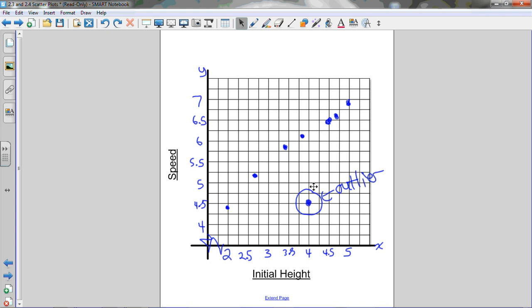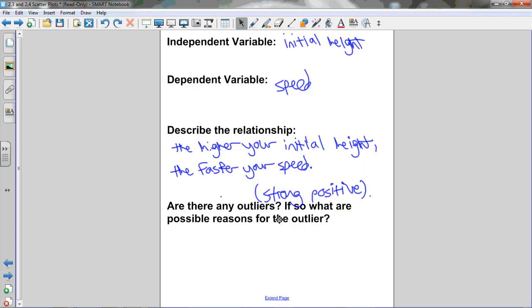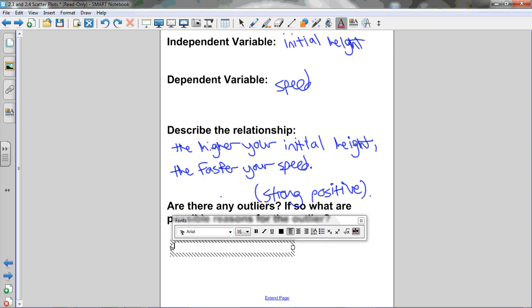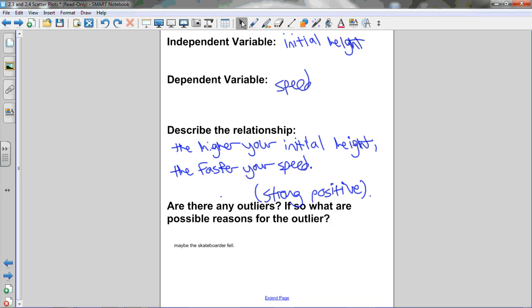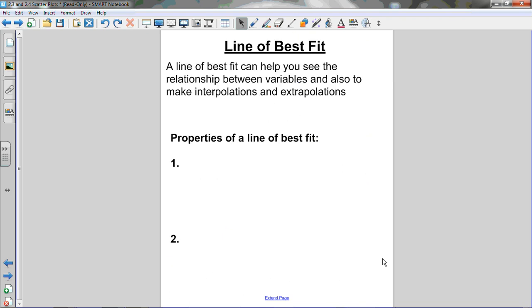The reason I might think of is maybe they fell. Maybe they fell and then their body flying down the ramp created a lot of friction and slowed them down. So maybe the skateboarder fell. That would be one possible reason. I'm sure you could think of other reasons as well, but that would be the one I would think of first.